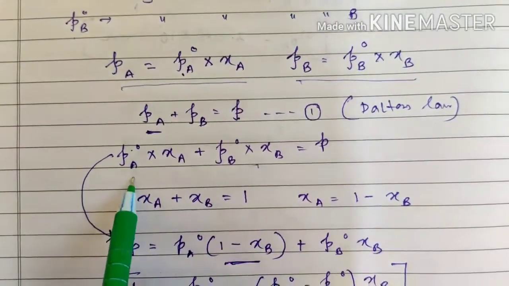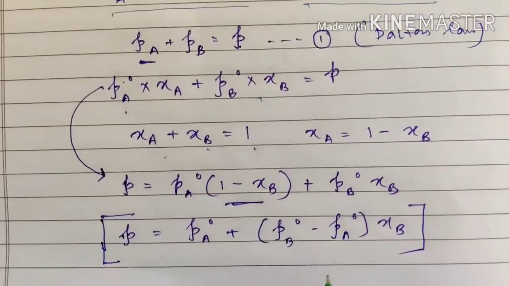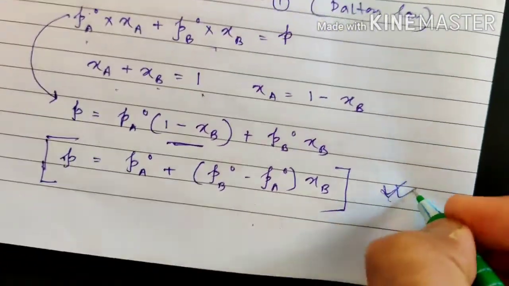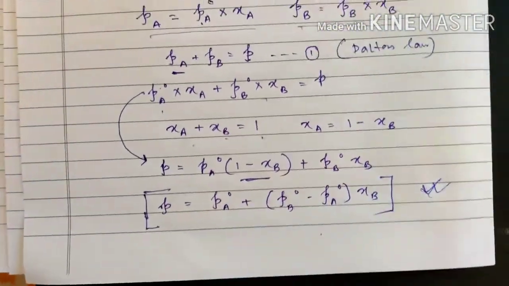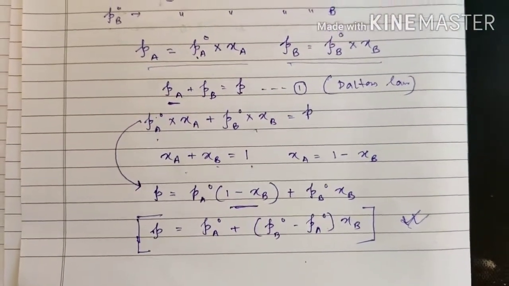Then we have substituted the equations, then XA plus XB should be equal to 1. Then we are getting into this final equation. So this is all about the mathematical expression of the Raoult's law for liquid-liquid cases.